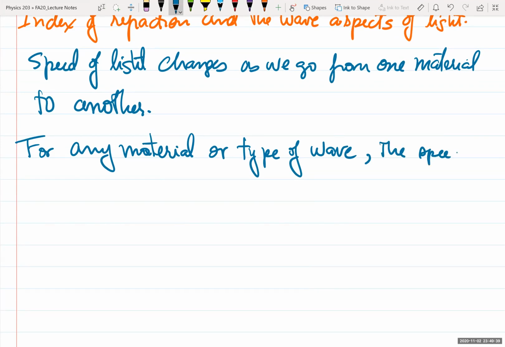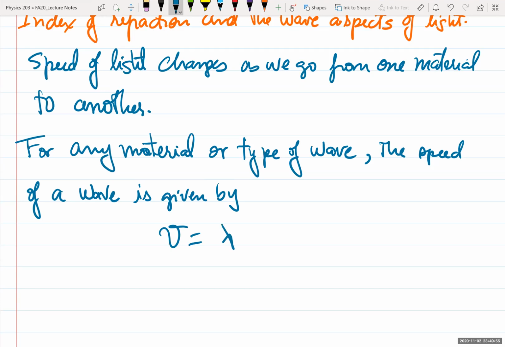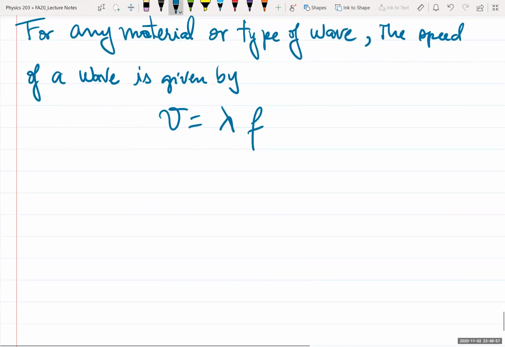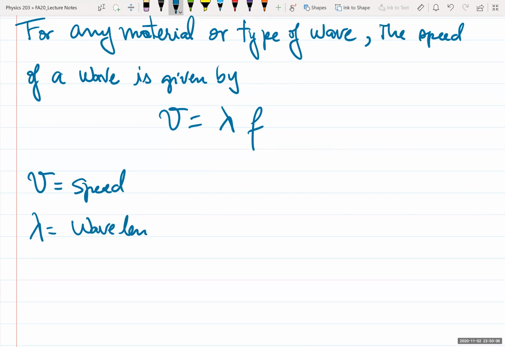The speed of a wave is given by v equals lambda times f, where v is the speed, lambda is the wavelength, and you do discuss wavelengths in chapter 14.